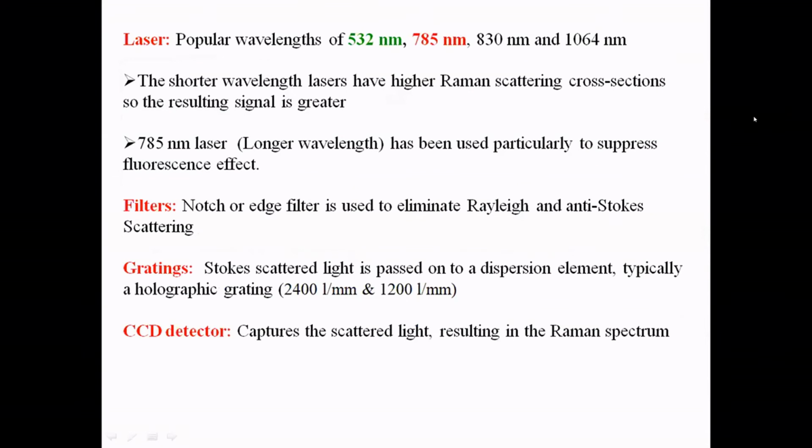And popularly, we have the 532 nanometer laser, which covers a wide range of materials. Like 532 or 480 is somewhat okay. So you can do most samples, and it is especially useful for semiconductors. And the usage of 785 or even higher, 1064 nanometer, is preferred by people because of an effect called fluorescence.